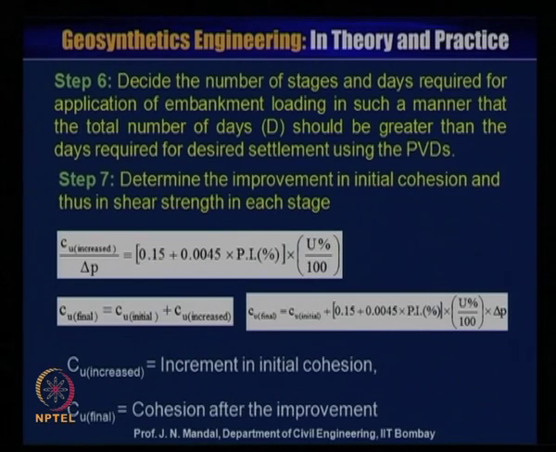Cu increase divided by delta P is equal to 0.15 plus 0.0045 into PI in percentage into U by 100 percent. So Cu final will be Cu initial plus Cu increase, where Cu increase is this into delta P.